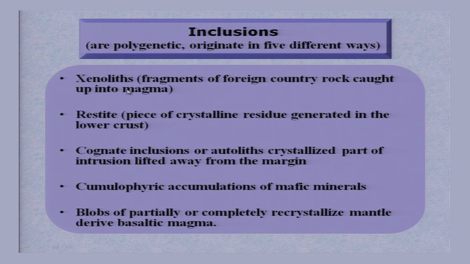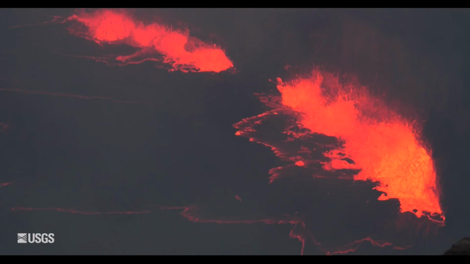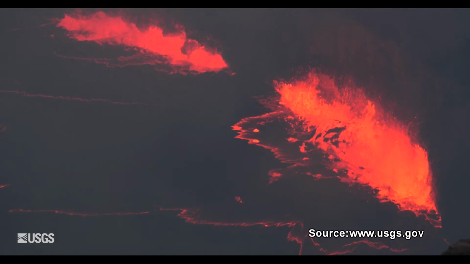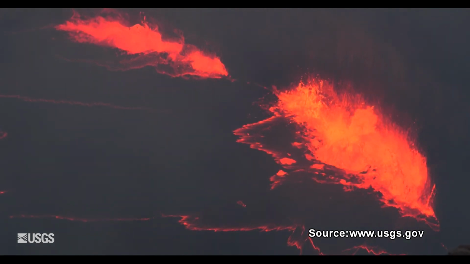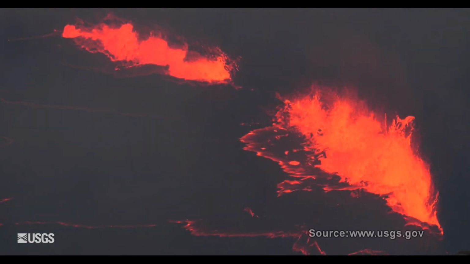Xenoliths, as I told you earlier, are fragments of foreign country rock caught in the magma. Restite is a piece of crystalline residue generated in the lower crust. All the rocks have been derived from basaltic magma, and basaltic magma is derived from the partial melting of the mantle.